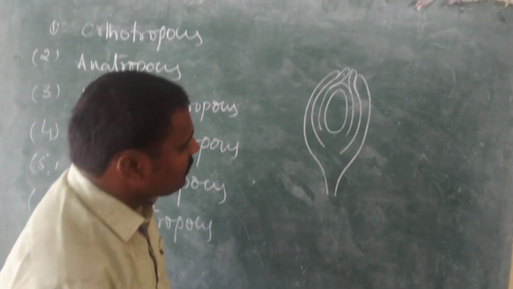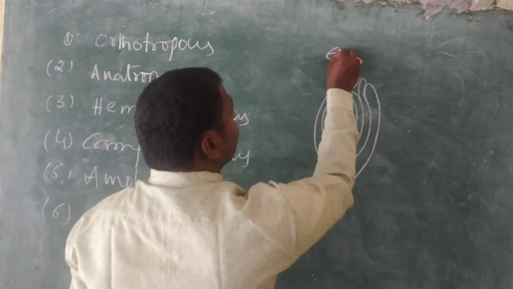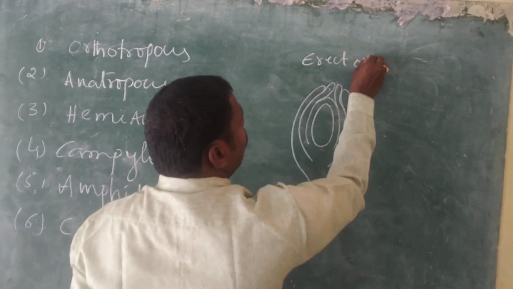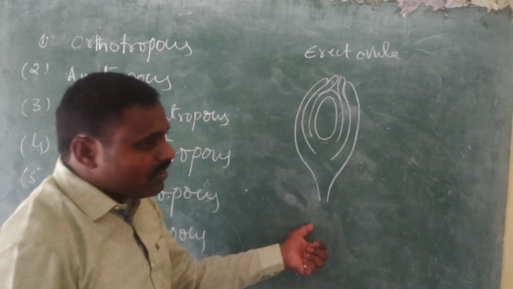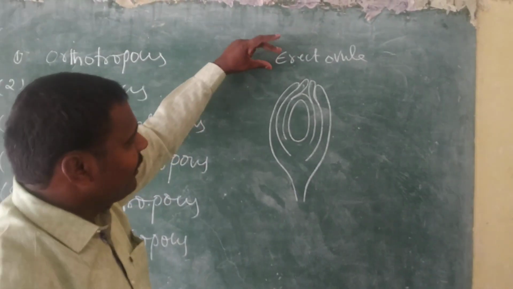Hence, this type of ovules are called erect ovules. There is no curvature. The degree of curvature is 0.